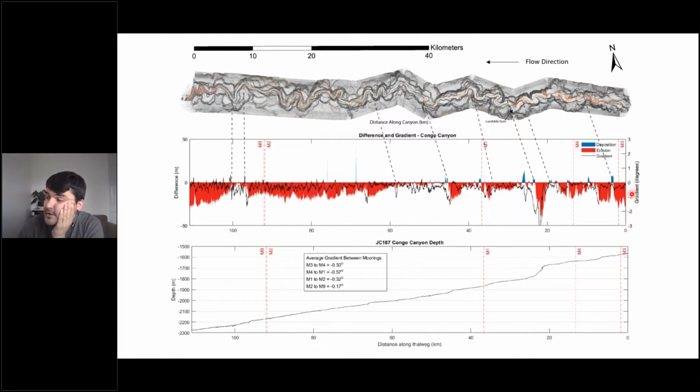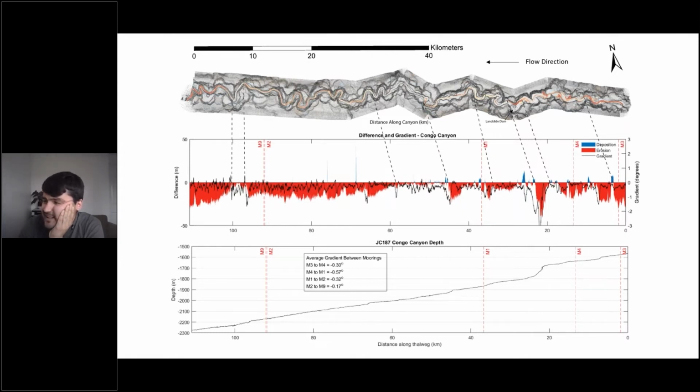Everything below 0 in red is erosion. Everything above 0 in blue is deposition. The black line on this graph represents the gradient of the Thalweg at that point. I've tried to match up with these dotted lines whereabouts on the plan view of the canyon you're seeing.